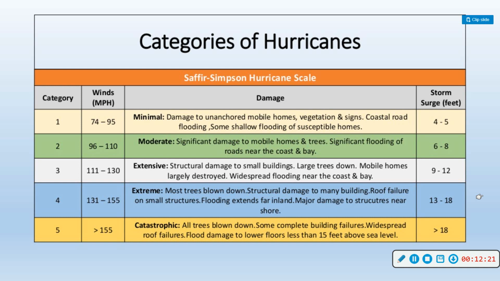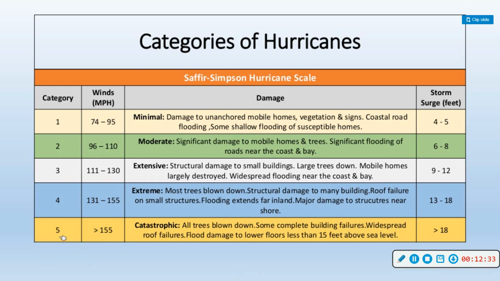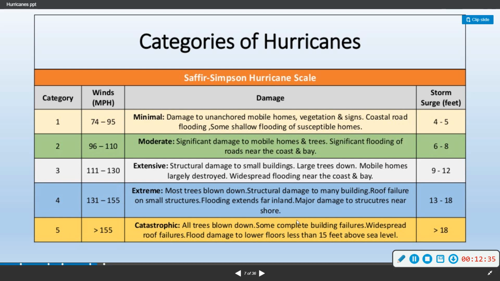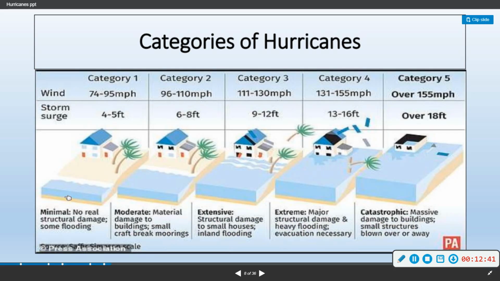Cat 2. These are your expected wind speeds, moderate damage, your storm surge. And you've got Cat 3, Cat 4, and Cat 5. We'll go over examples of these later. So, that's what a Cat 1 should look like. This is a Cat 2.